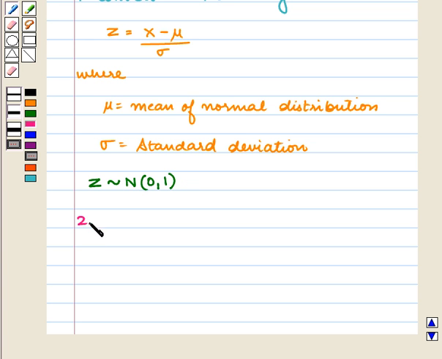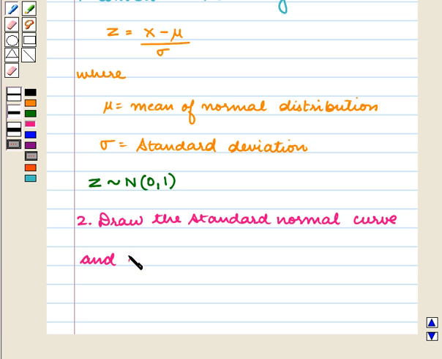Now, the second step is to draw the standard normal curve and plot the corresponding z value.